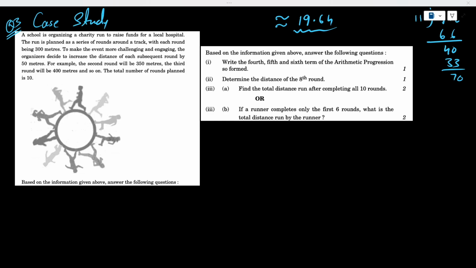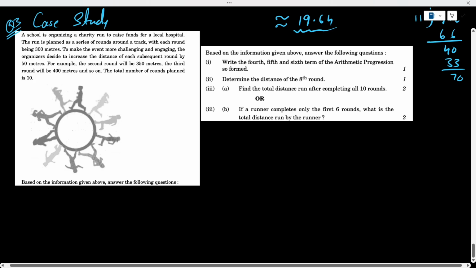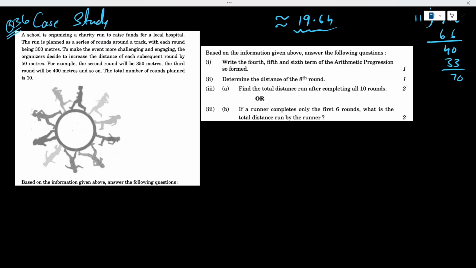Now this is your last section, which is the case study questions. The last three questions, 36, 37, 38. So this is your question number 36. What is given here? A school is organizing a charity run to raise funds for a local hospital. The run is planned as a series of rounds around a track, with each round being 300 meters.